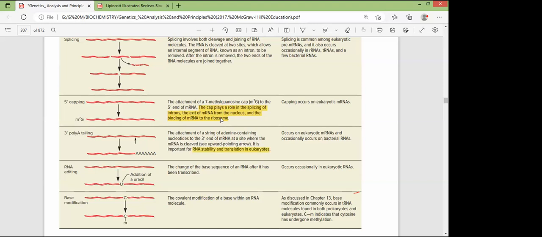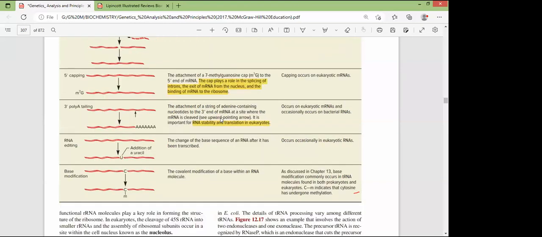What are introns? Introns are the parts of the RNA that will not lead to synthesis of anything. There are introns and there are exons. Exons are what we actually use to make the protein. So remember: poly-A tail, stability of the RNA and enabling translation; 5' capping, exit of the RNA from the nucleus and binding of the RNA to the ribosome.